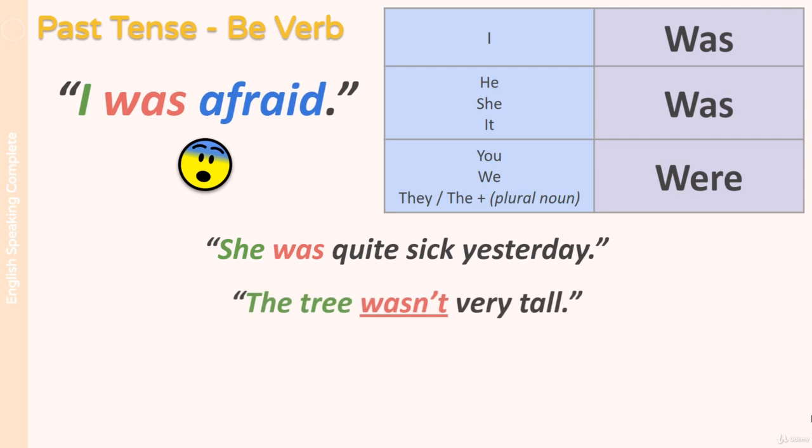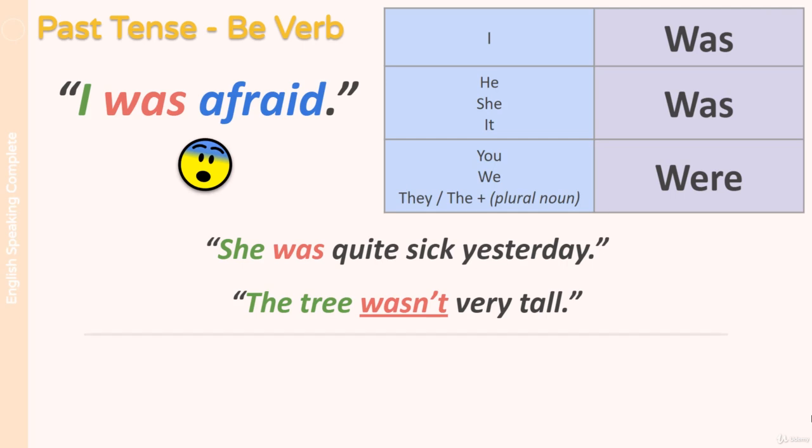The tree wasn't very tall. Now, I've underlined the negative form of was not, contraction, wasn't. The tree wasn't very tall. Therefore, the tree was quite short. It was quite small.